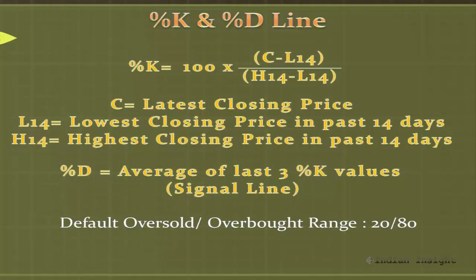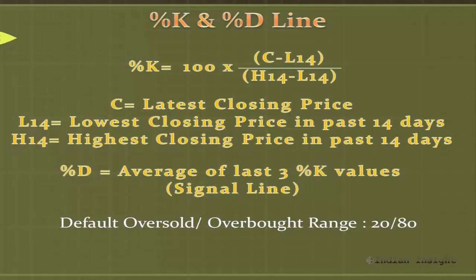We multiply this by 100 in order to arrive at the %K line. %D is just the average of the last three %K values calculated every day.